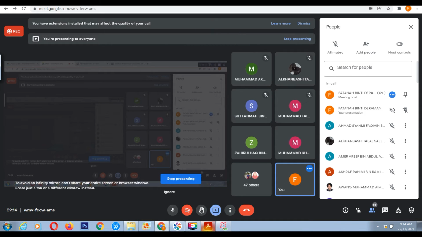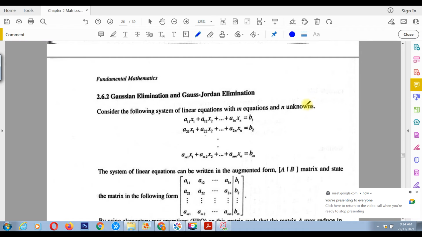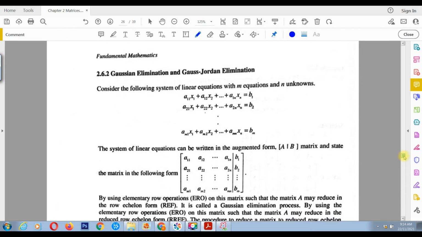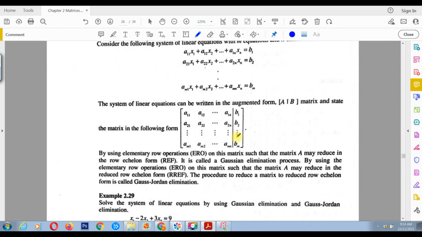So next is Gaussian elimination and Gauss-Jordan elimination. We put the solution here, B1 B2, inside the system of equations. Before this, we did not put it inside the matrix.